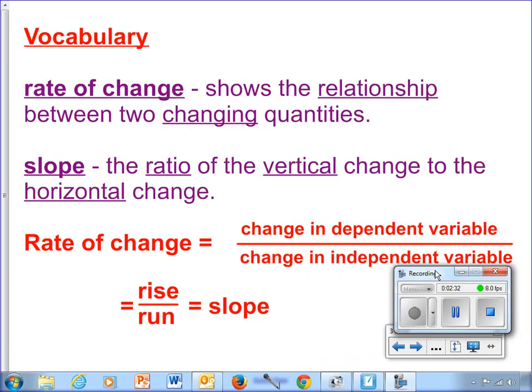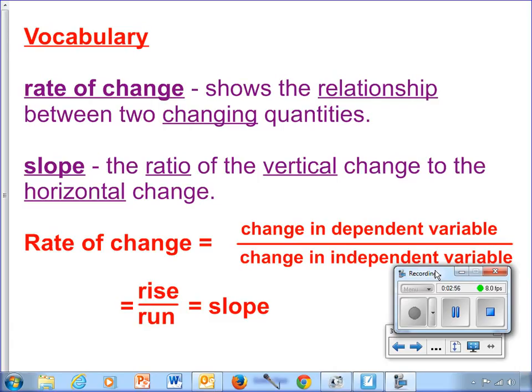There's a couple of ways that this can be said. The dependent variable goes on the vertical axis, so it's the change in the vertical distance over the change in the independent variable, which is the horizontal difference between 2 points.